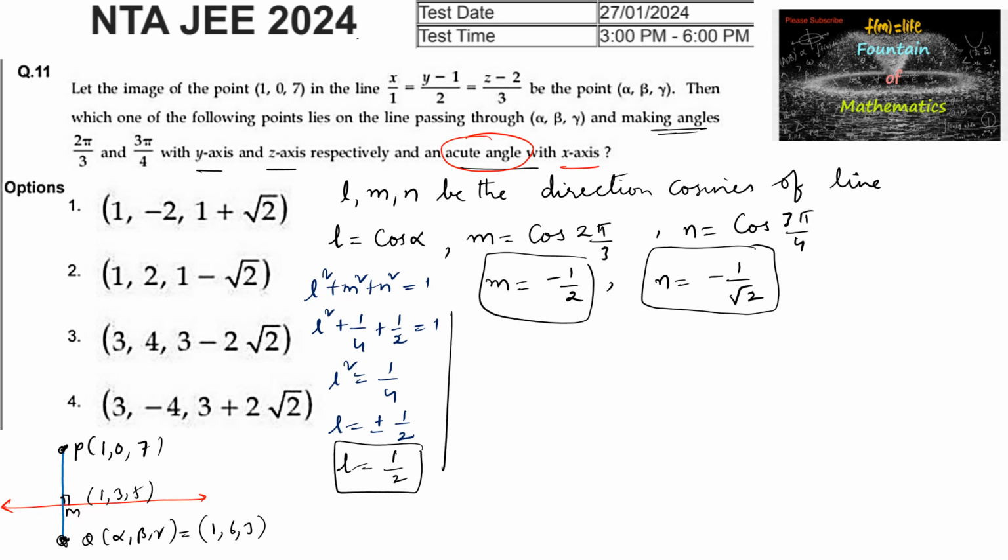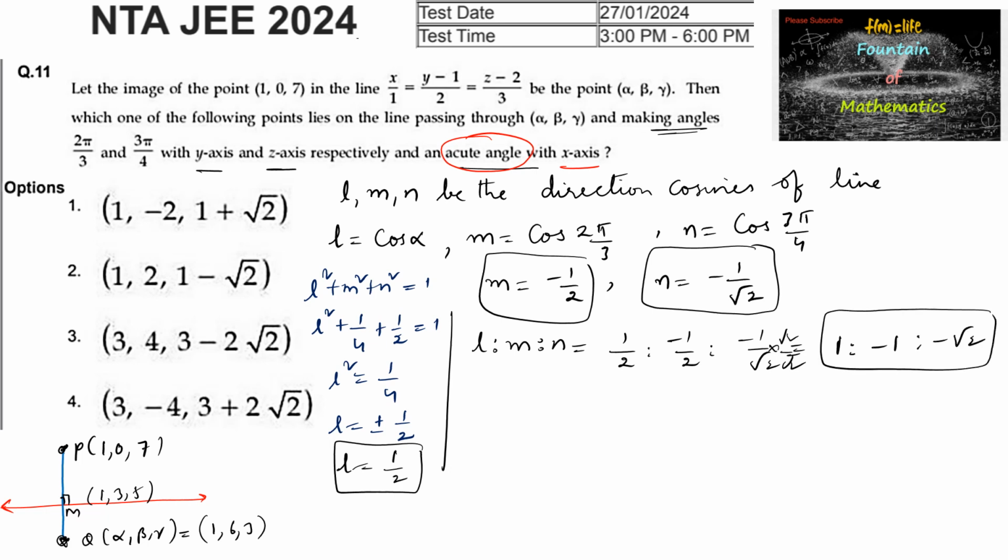So the direction ratios we may consider L : M : N, which is equal to 1 upon 2 : minus 1 upon 2 : minus 1 by root 2, which can also be written, multiplying by root 2 by root 2, as 1 : minus 1 : minus root 2. So these are the direction ratios.